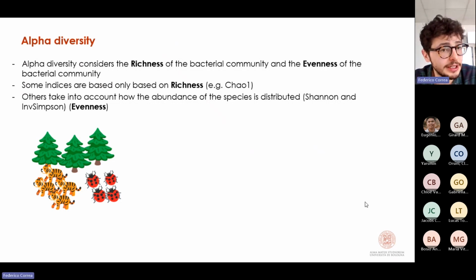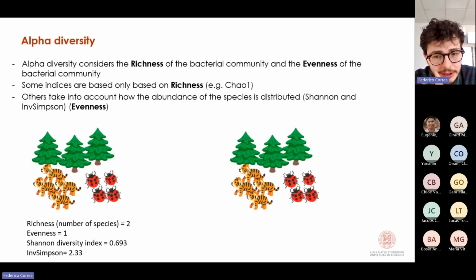Some measures like Chao are only based on the richness, so just on how many different types of bacteria I have in this sample. Others also consider the evenness, so how these bacteria are distributed.